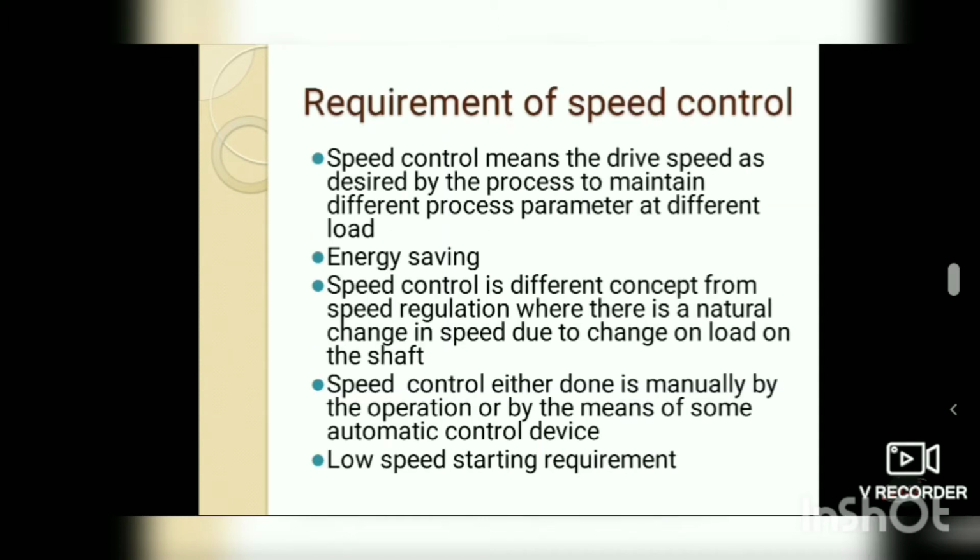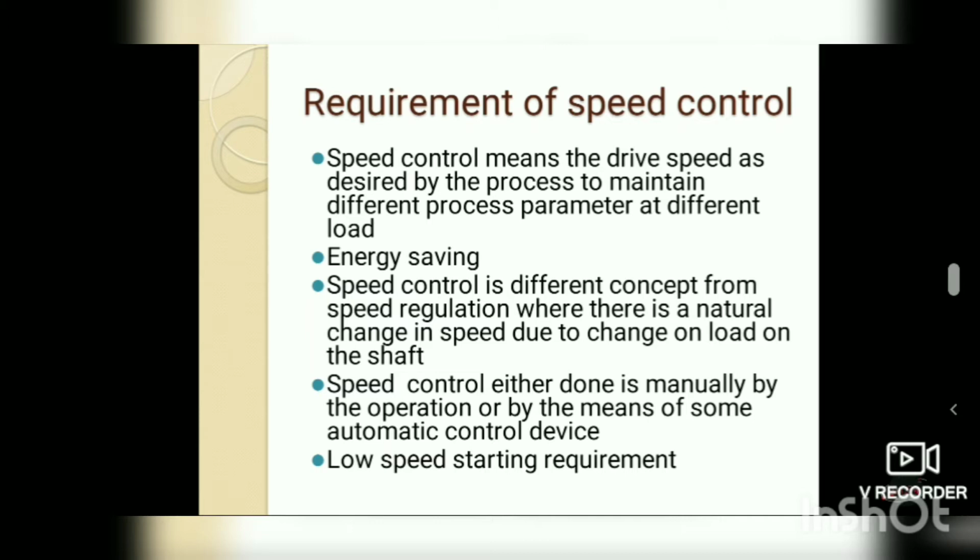Requirement of speed control: speed control means the drive speed is adjusted as desired by a process, to maintain different process parameters at different loads, and for energy saving. Speed control is a different concept from speed regulation, where there is a natural change in speed due to the change of load on the shaft.